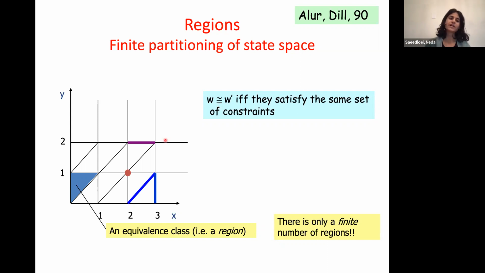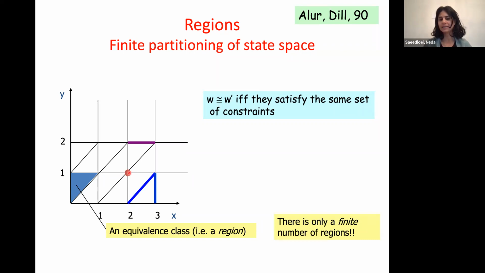So observe that, for example, here, this clock region is specified when the value of clock x is 2 and the value of clock y is 1. There is only one valuation that can fall into this equivalence class.